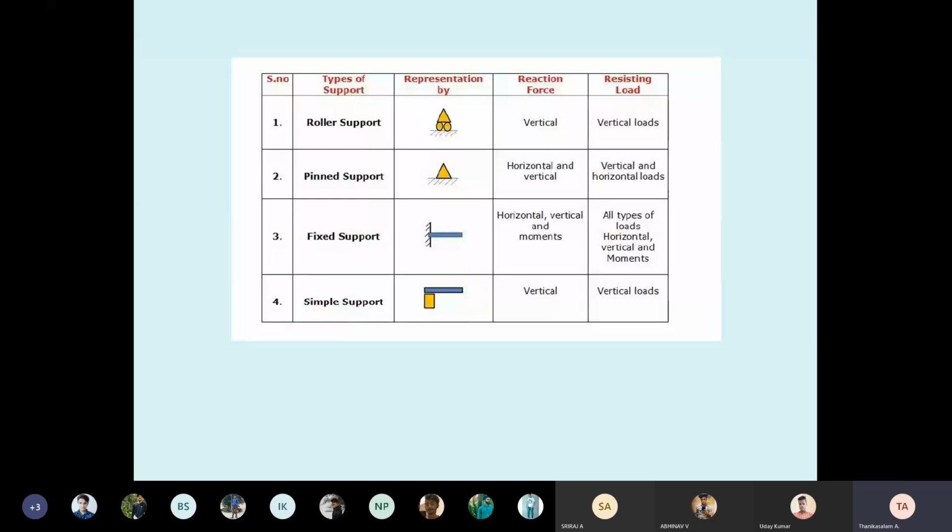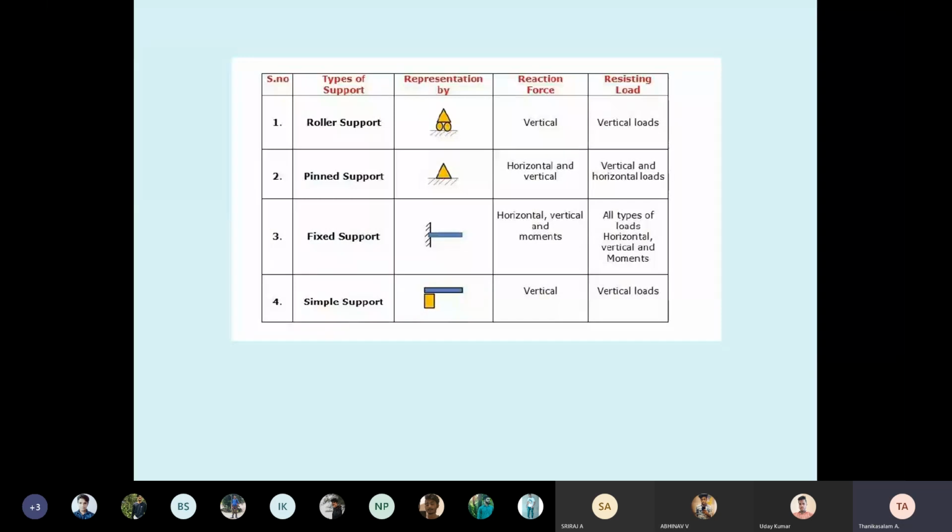Here is the roller support. This roller support is denoted by a small roller at the bottom of the body. That means it can move horizontally. So what is the purpose of a support? To hold the body, to prevent it from falling down. See the representation of the roller support: the yellow part and the bottom roller.